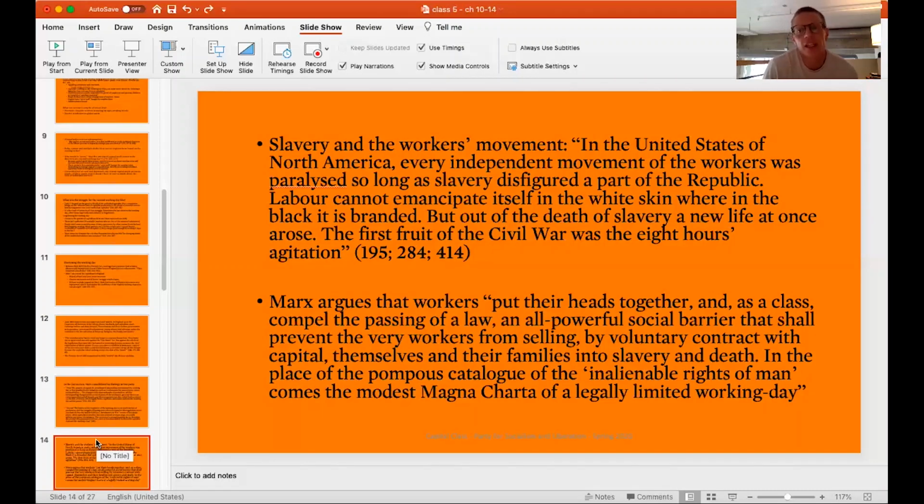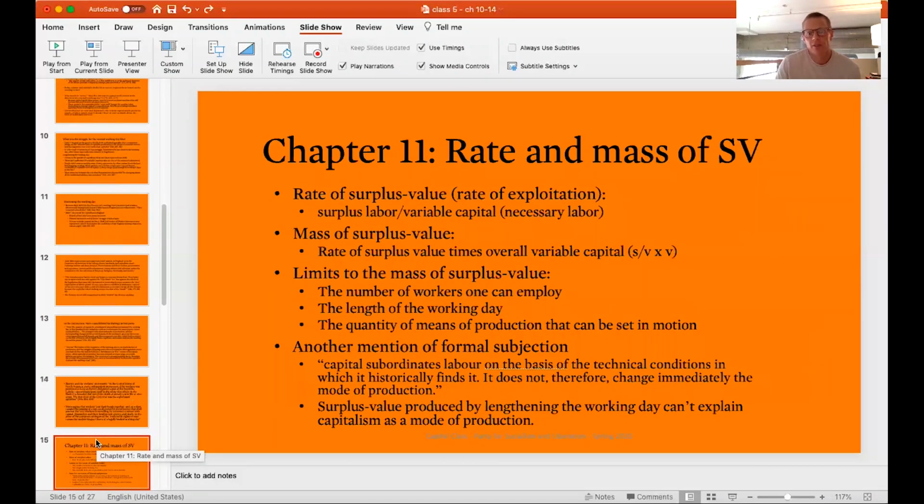And particularly in chapter 32, where Marx is talking about revolution, I want to revisit this so that we can talk about the way that Marx is thinking in this book about reform and revolution as dialectically related, not as just antagonistic. There are antagonisms between them, but it's not an antagonism where one necessarily precludes the other. So now we'll move on to the rate and mass of surplus value.